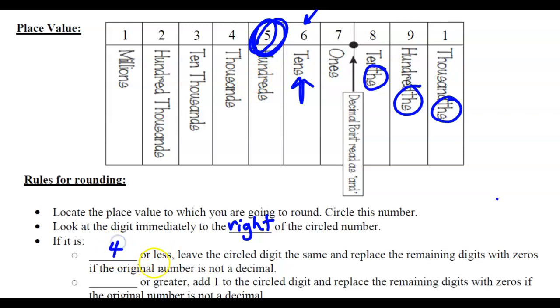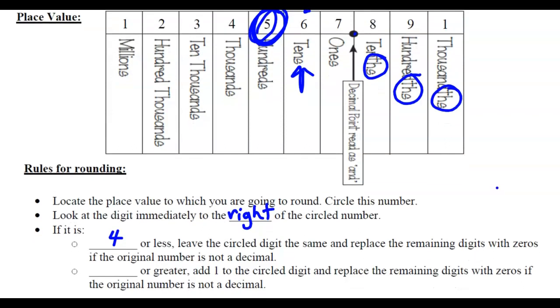If it's 4 or less, leave the circled digit the same and replace the remaining digits with zeros if it's not a decimal. So you just fill in up to the decimal if it's not a decimal. If it is a decimal, you stop there as well. You don't have to put 0.000. In fact, it's actually incorrect because you're saying it's measured to those decimal places.